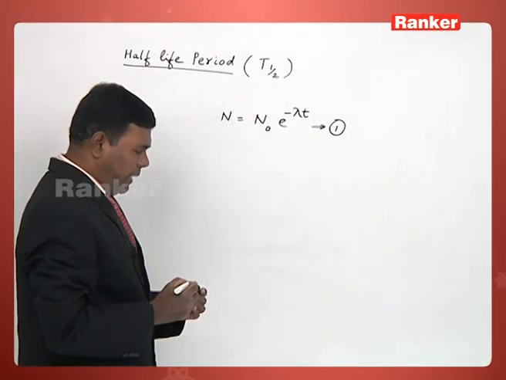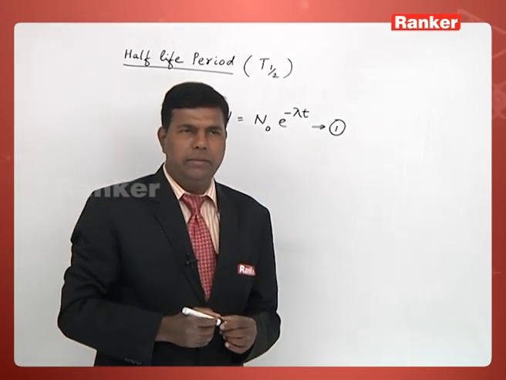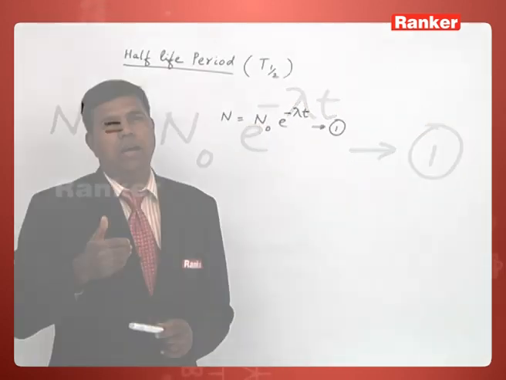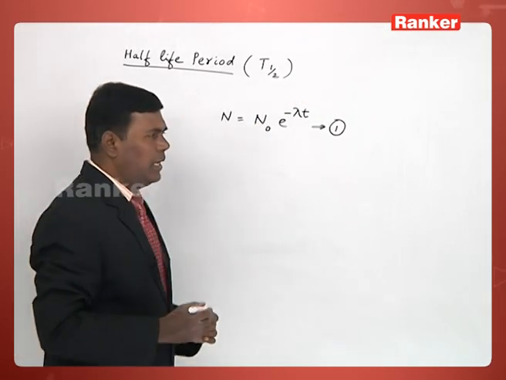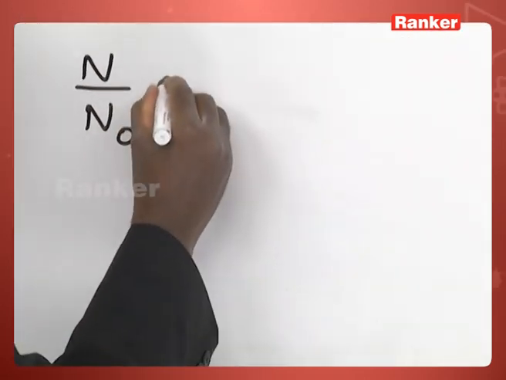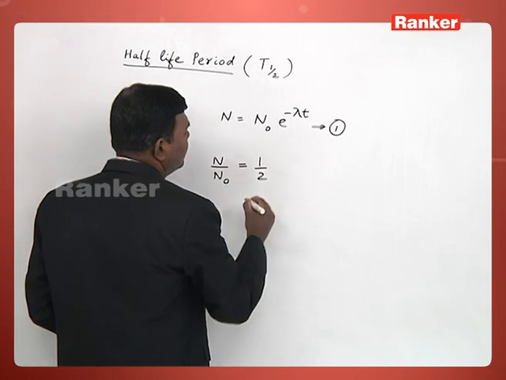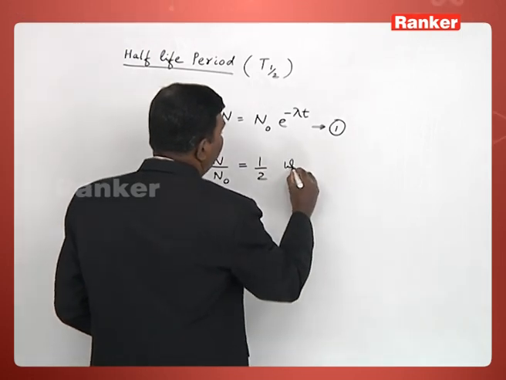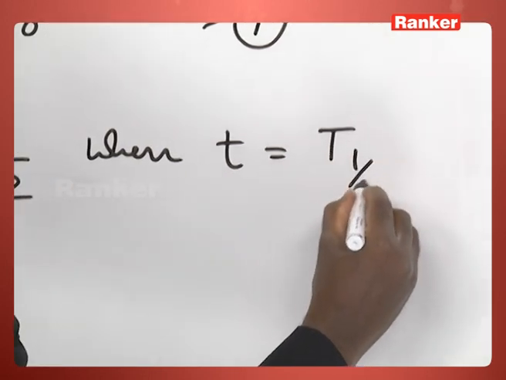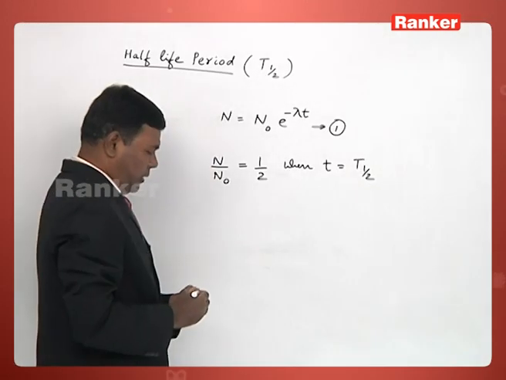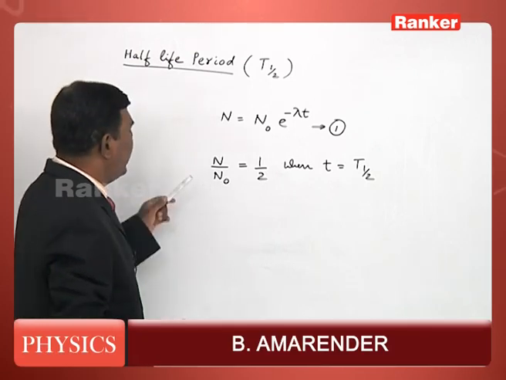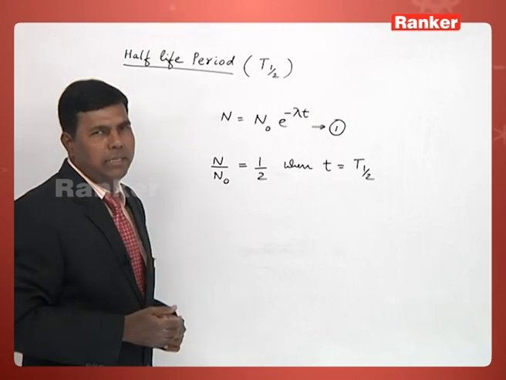Next, according to our definition of half-life period, the time required for the radioactive material to become half of its initial amount implies that the ratio of N by N naught should be equal to 1 by 2, half of the initial amount, when t is equal to half-life period, that is t subscript 1 by 2. So N naught represents the initial number of nuclei of the radioactive element, and N is the number of nuclei at any instant of time.